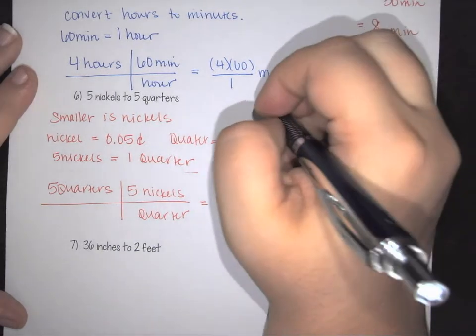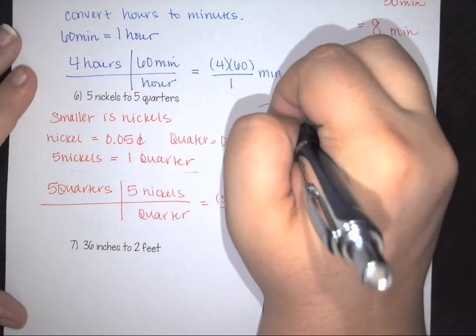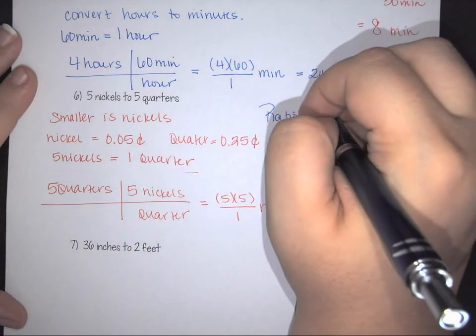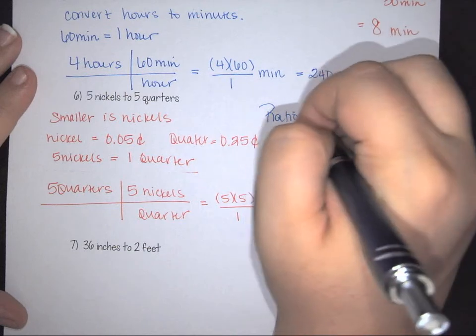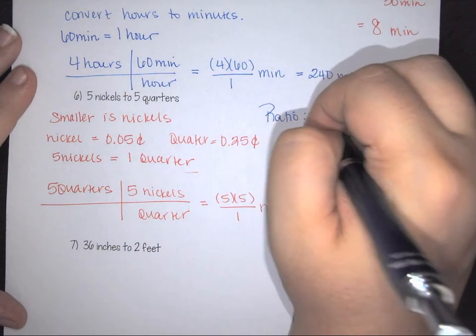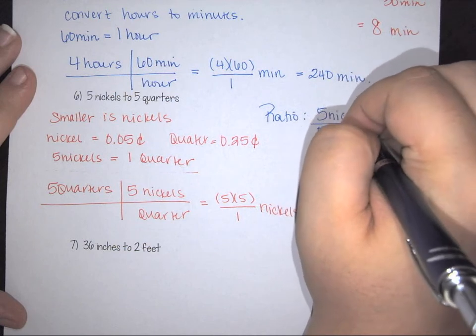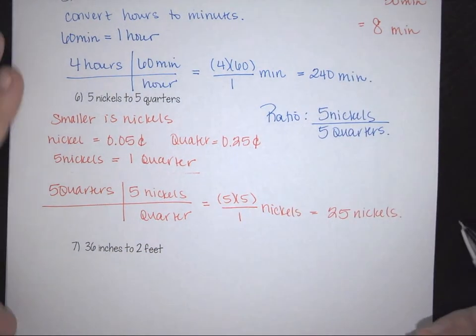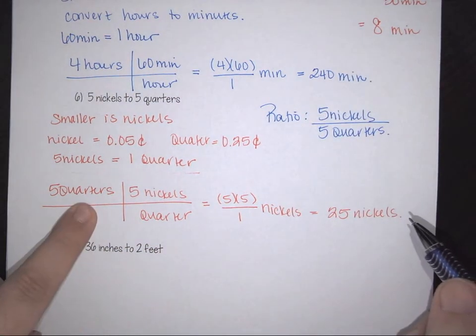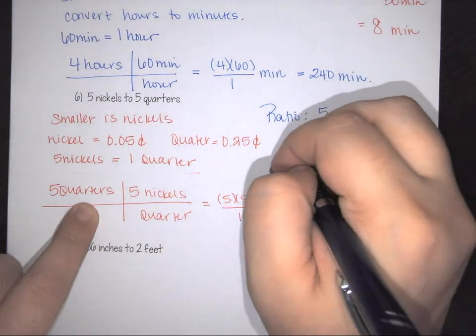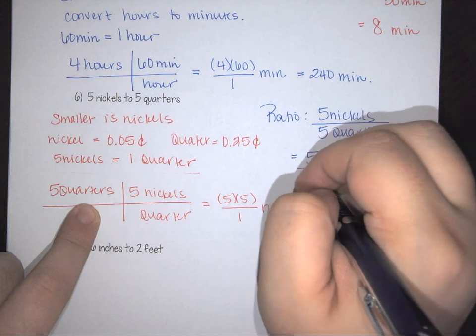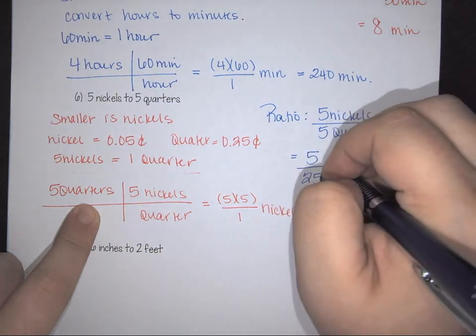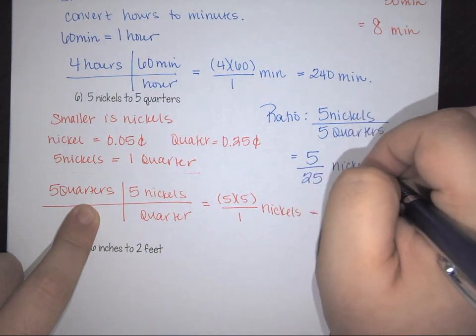So again, I need to do my ratio, which says I have 5 nickels to 5 quarters. Well, we already converted quarters, so this is the same as saying 5 to 25 nickels.